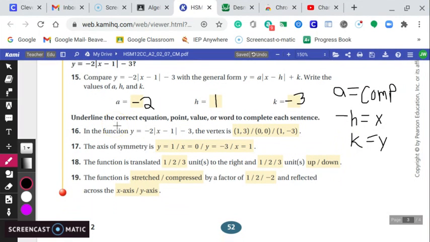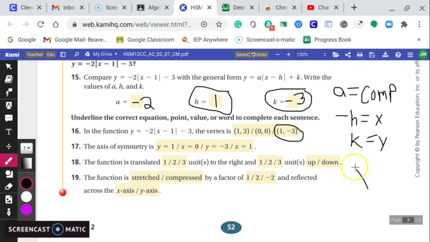This is the function y equals -2 absolute value of x minus 1, minus 3. What is the vertex? Here it is right here. The vertex is 1, -3. And how do we find the vertex? Well, if the h is 1 and the k is -3, then the vertex is 1, -3.